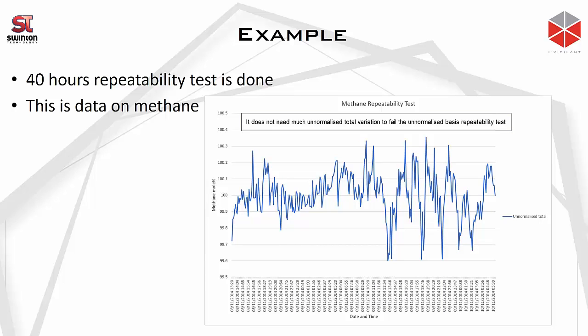As you can see here, the unnormalized total composition has a maximum of around 100.35% and a minimum of 99.6%, which falls within a very acceptable limit. When we take the acceptable limit as 98% to 102% of unnormalized total, this range is really acceptable. However, it's enough to make the repeatability test fail on a normalized basis.